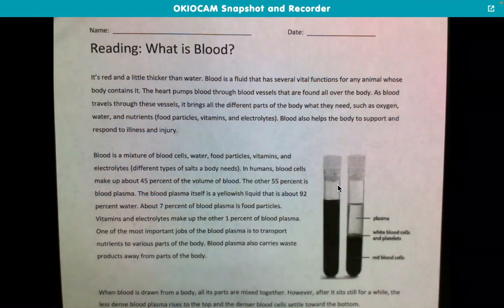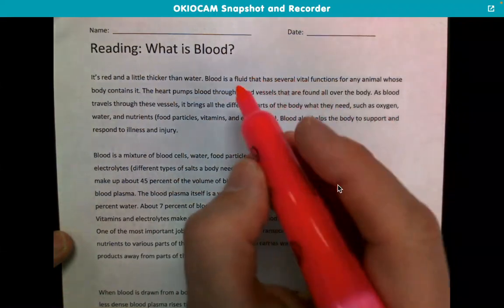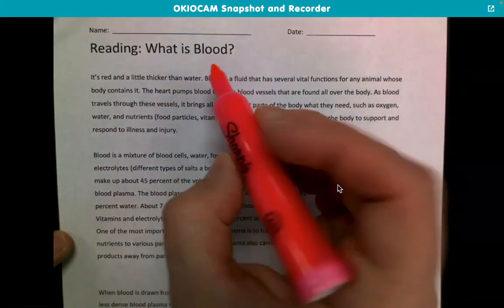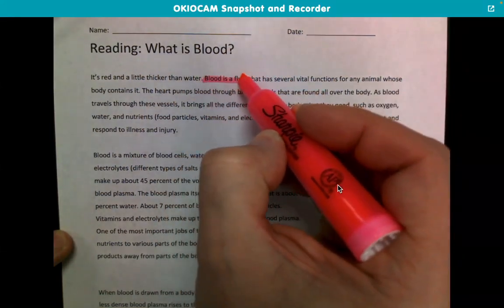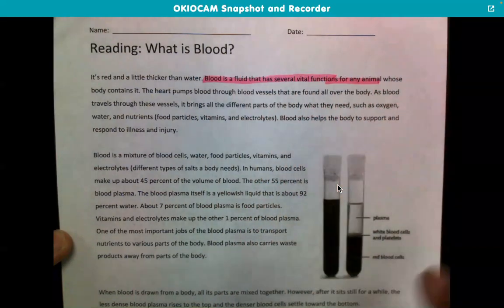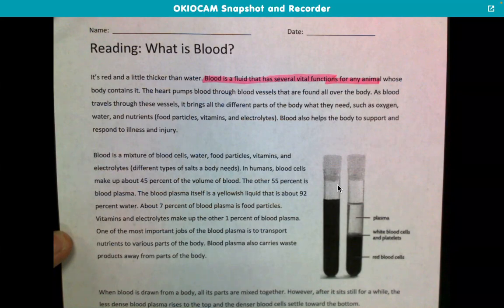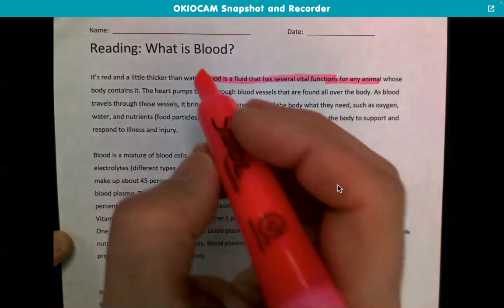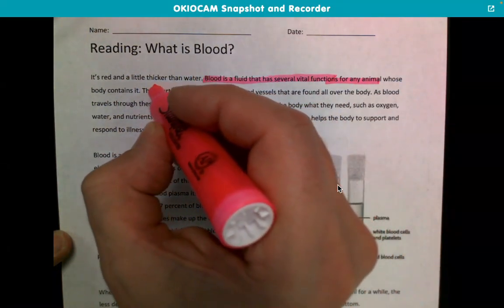So what do we want to highlight? We're going to highlight that blood is a fluid that has several vital functions for any animal. It's necessary for life. We could also highlight that the heart pumps blood through blood vessels.